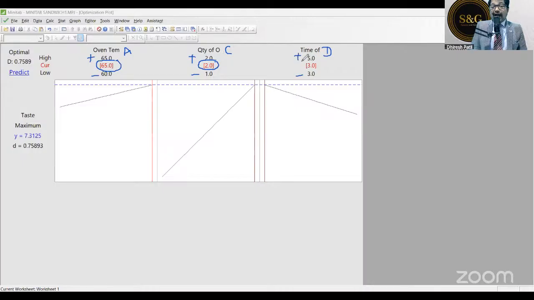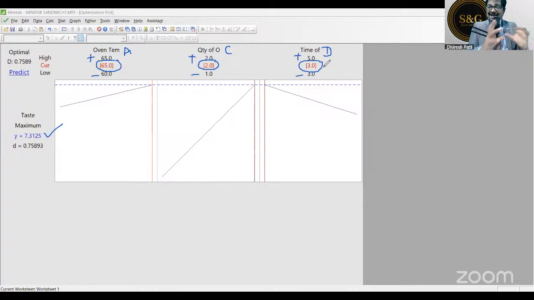If you want to have the maximum output, which is 7.3125, the highest test you can get, you have to set your oven temperature at 65 degrees. You have to set the quantity of onion at 2 pieces per sandwich, and you have to put the cooking time at 3 minutes.